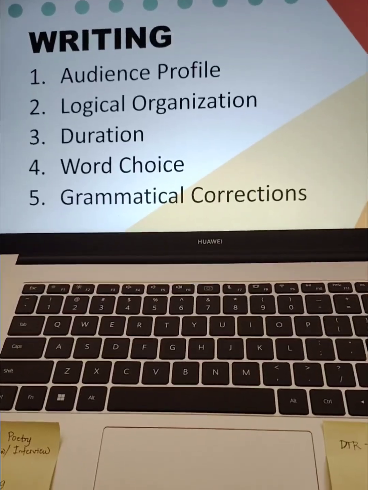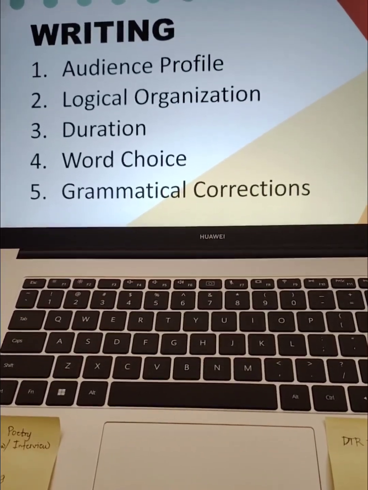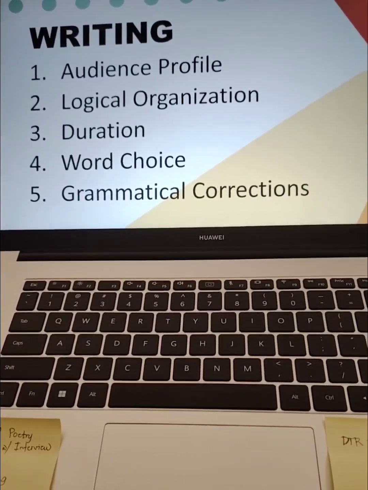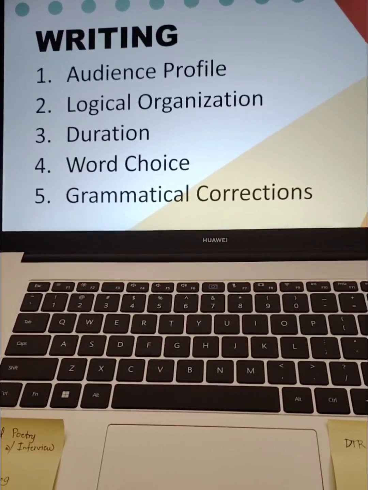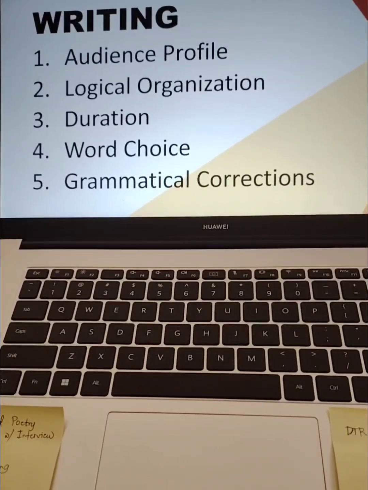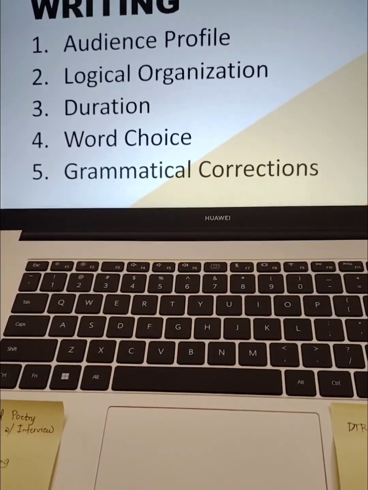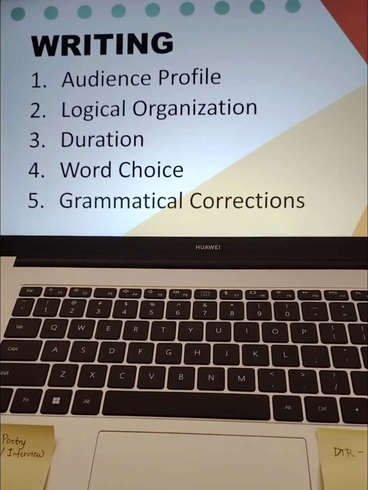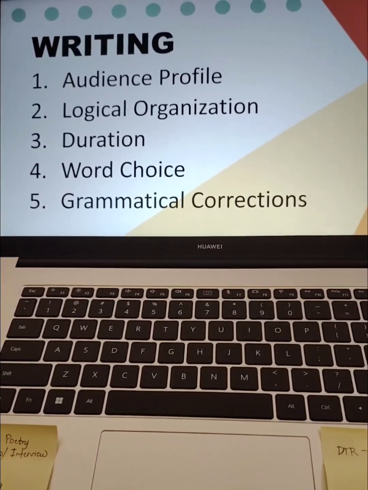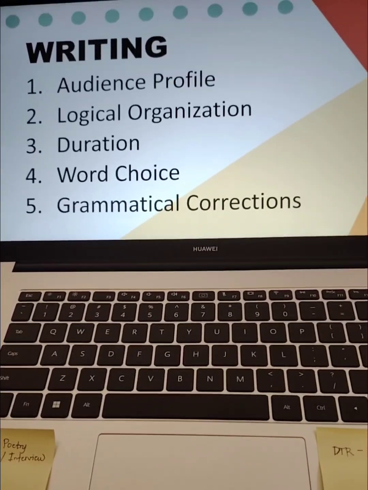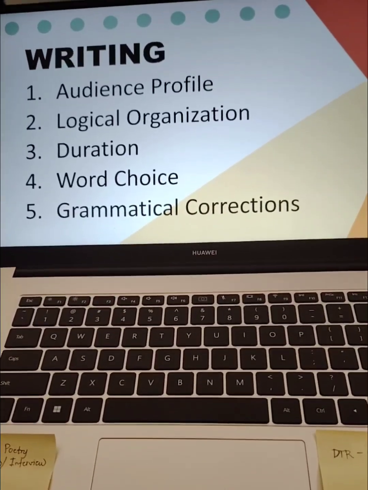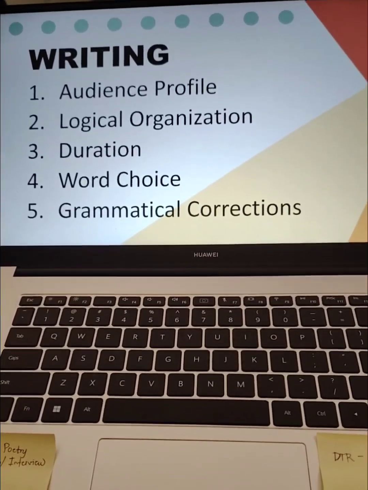Or would you want to state your motto in life so that you can persuade or motivate your audience? Or would you want to start with your life story? So in terms of logical organization, you have to know how to organize your speech well.